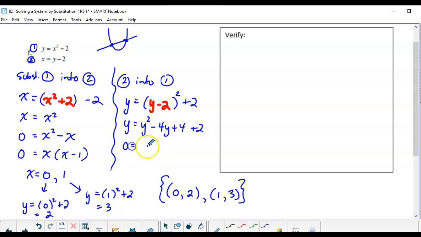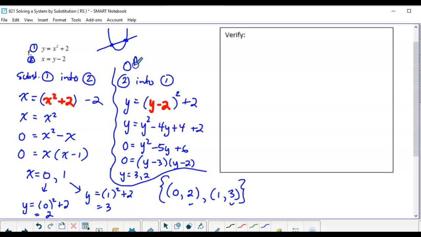Then you'd want one side equaling 0. So then minus 4y minus y is minus 5y plus 6. And then factor that. So y minus 3, y minus 2. So y equals 3 or 2. Notice how that's what we had there. Okay, so this is the optional method.